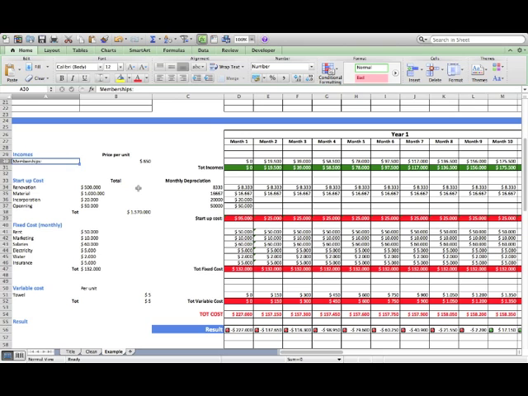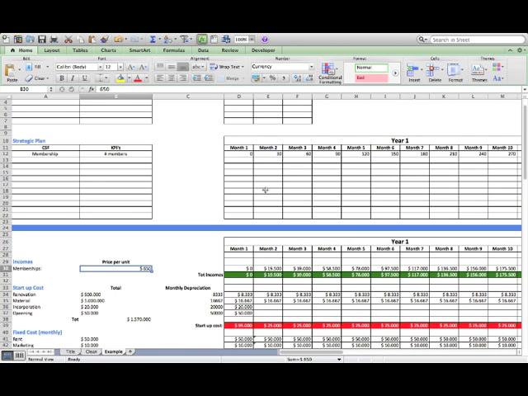So here in the incomes, we'll have membership. And for the membership, the price per unit will be 650. So what we will do, we take this number and multiply it by the amount of members we have this month, meaning 0. So 650 times 0 is 0. Then for month 2, 650 times 30, and we have 19,500, and so forth, month by month.